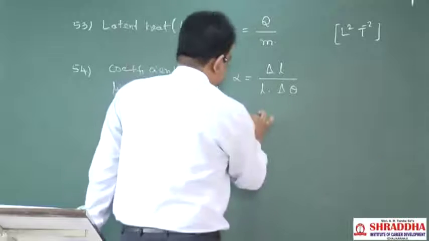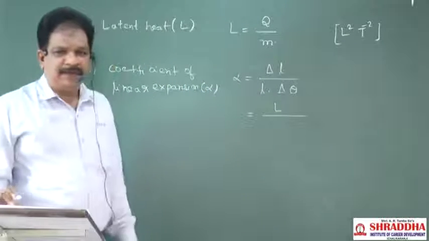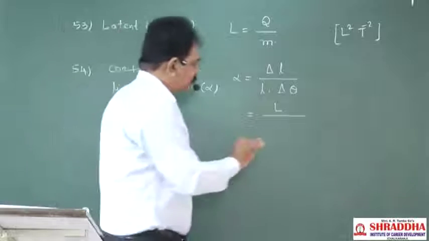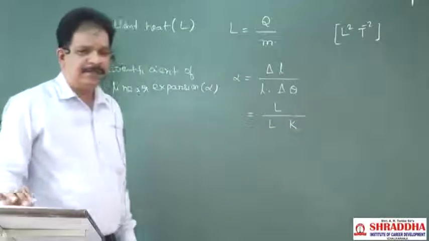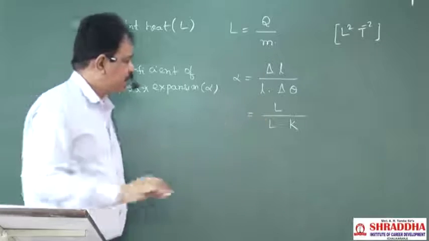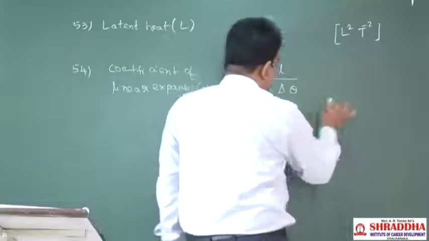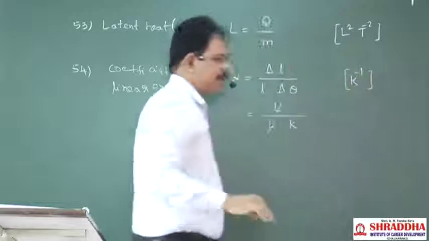Here, all will get the same dimensional formula. Delta L is the change in the length L. L will be length, its dimension is also L. Delta theta will be temperature difference, that will be K. So L will cancel. This is K power minus 1.